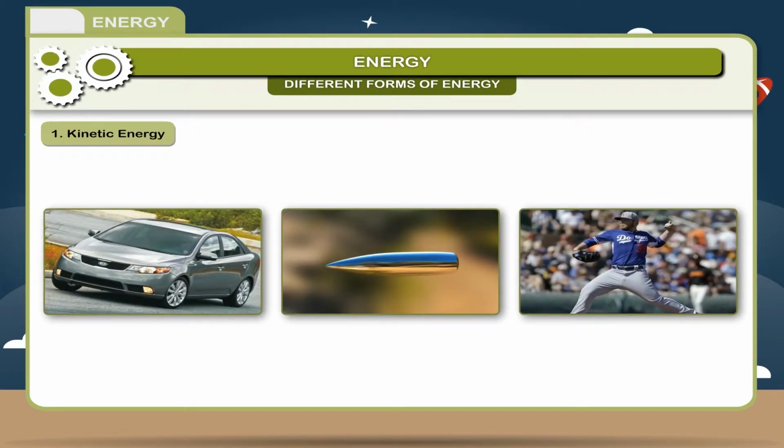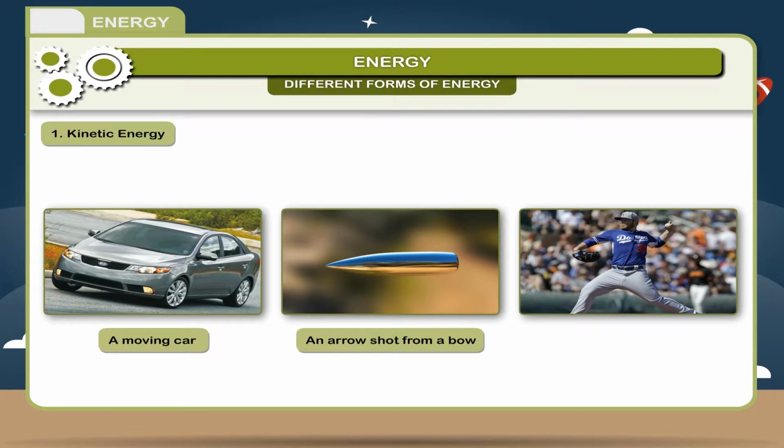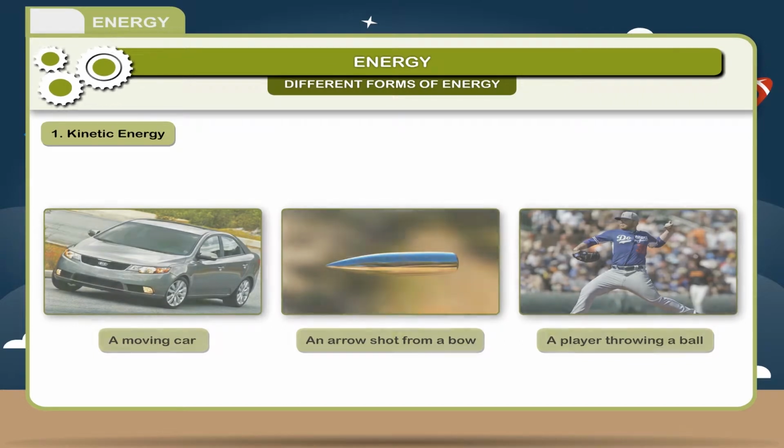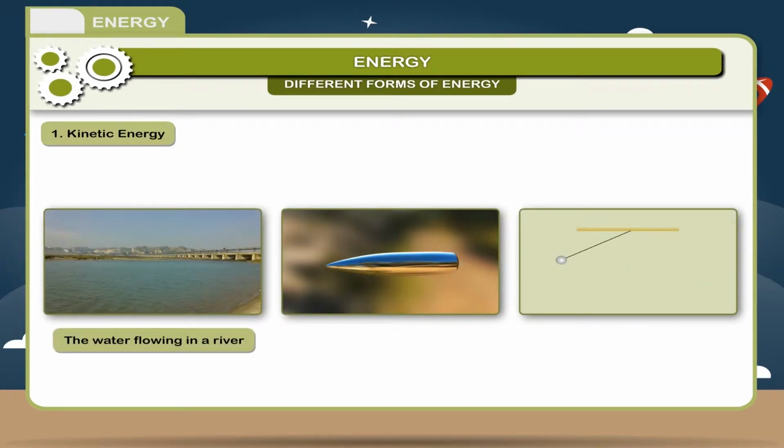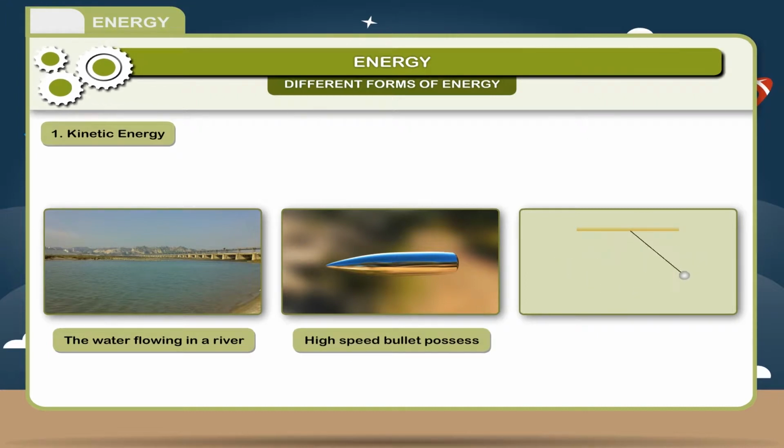The energy possessed by a body due to its motion is called kinetic energy. A moving car, an arrow shot from a bow, a player throwing a ball, all these are examples of kinetic energy. The water flowing in a river and a high-speed bullet possess kinetic energy. A swinging pendulum also possesses kinetic energy.